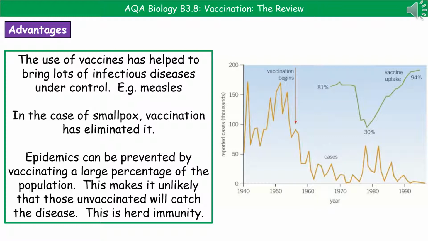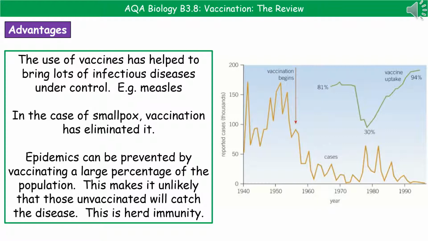Another big advantage of vaccinations is that they prevent epidemics. What we used to find was that when you had an infectious disease and a few people caught it, it would spread through the population incredibly quickly, infecting large numbers of people. These days, because we can vaccinate a large percentage of the population, not everyone, as there are some people who won't be vaccinated for various reasons, those epidemics are less likely to occur.